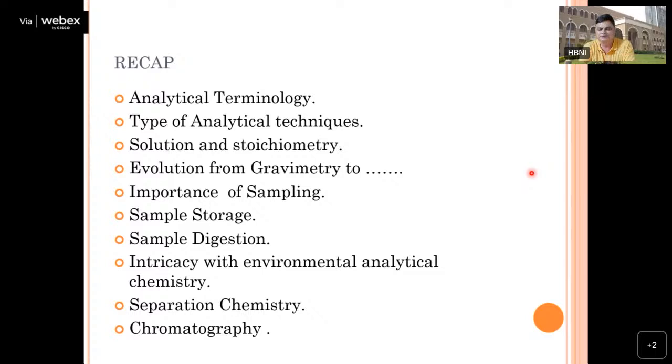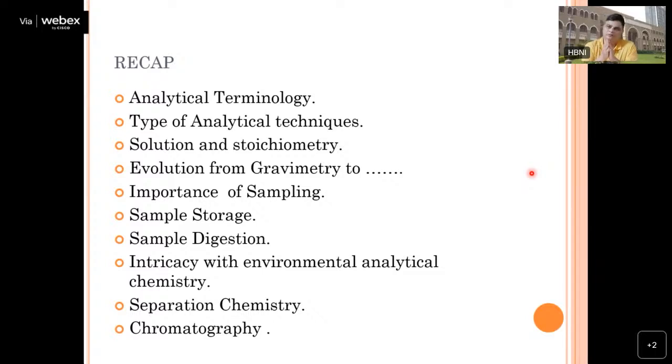Then we come to the comparative methods. The difference between the relative method and the comparative method is that in the relative method, it's not necessary to have matrix-matching standards. But in the case of a comparative method, you must have matrix-matching standards. In both cases, you have to do a calibration curve.